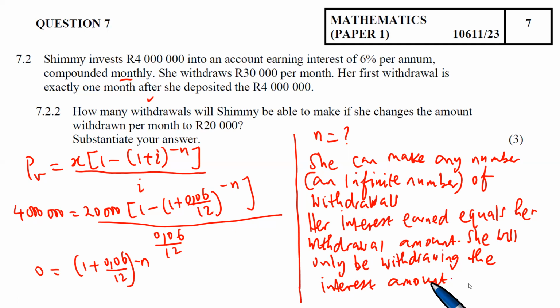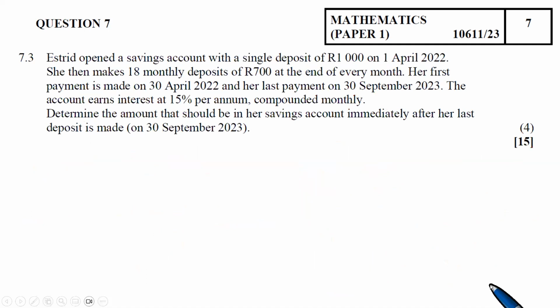So we continue right now. Let's look at 7.3. Astrid opened a savings account with a single deposit of 1,000 on the 1st of April, 2022.